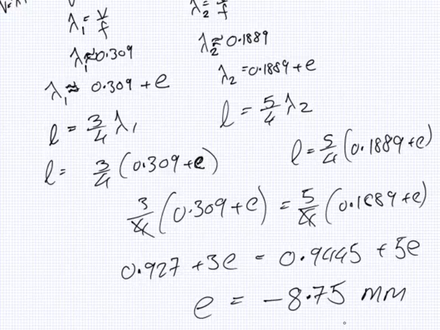V equals lambda F, so lambda is V over F, and here lambda is V over F. So what's the first one then? 0.309, and here the lambda is 0.1889. Yes?